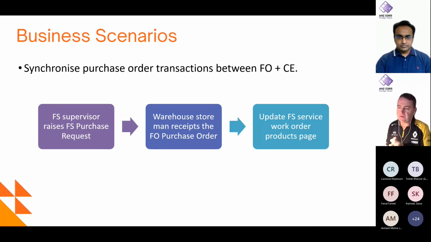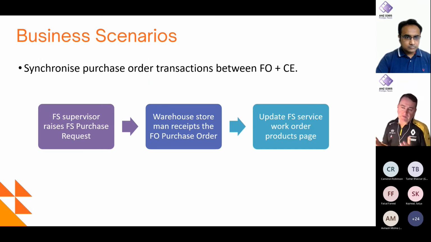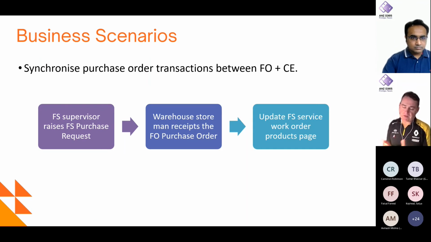Another scenario might be the warehouse store manager receipts a purchase order, but the people working in field service, be that the supervisor or the technicians, need to get visibility that that purchase order has been receipted.